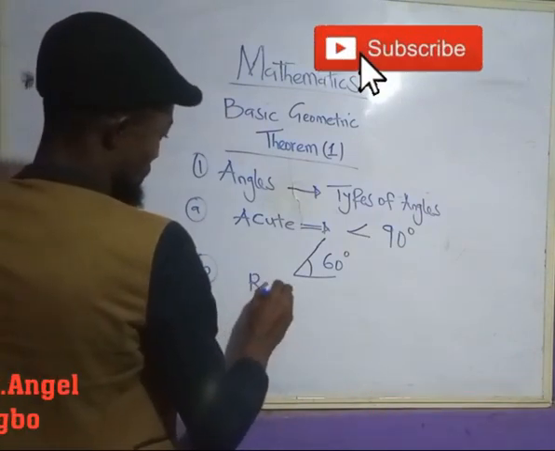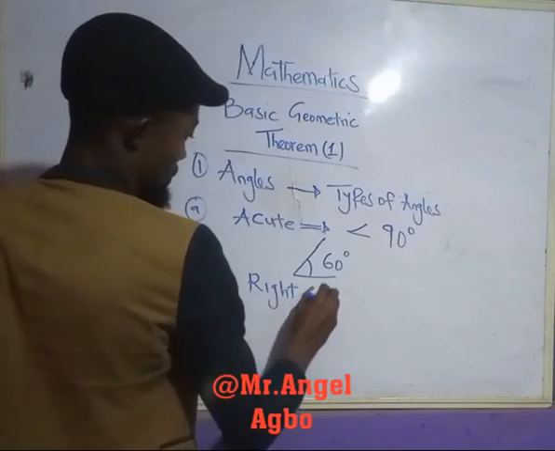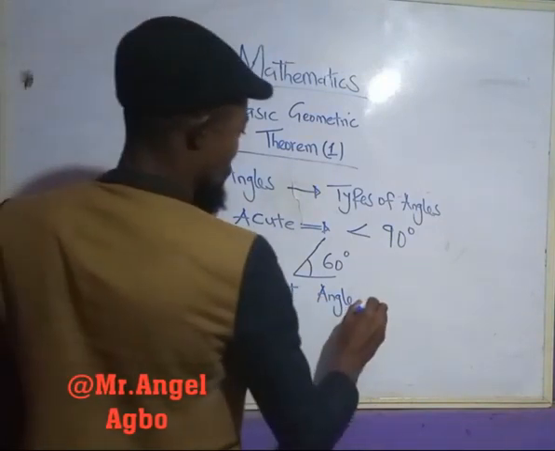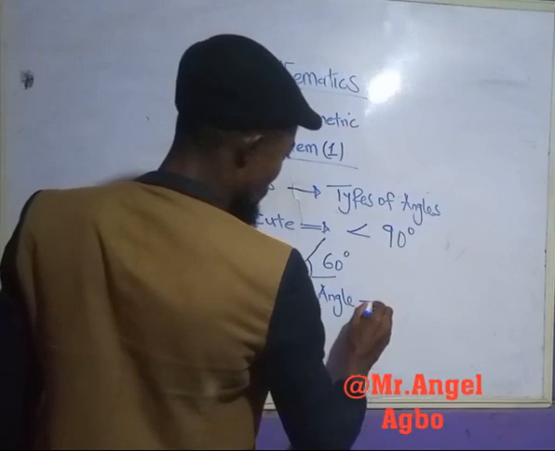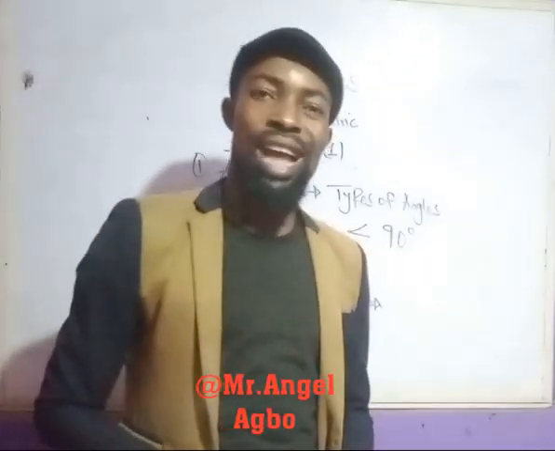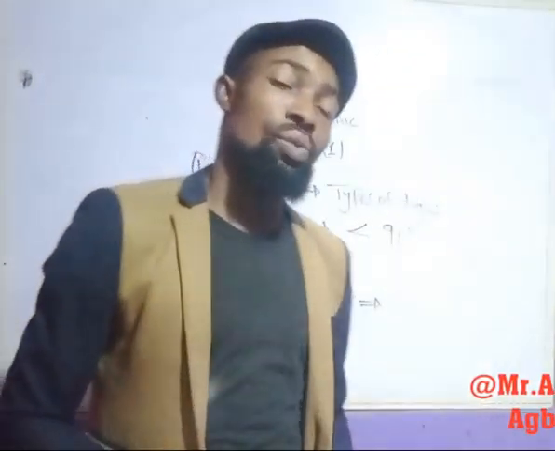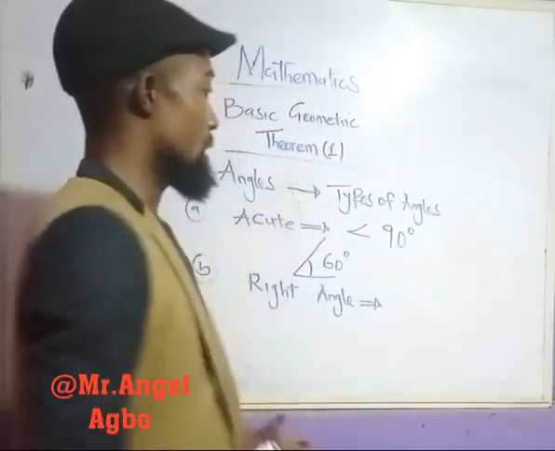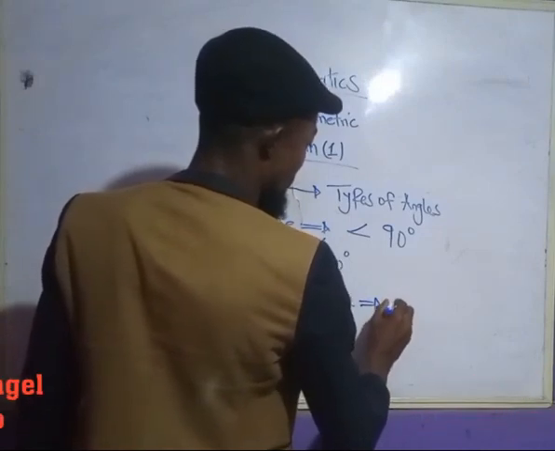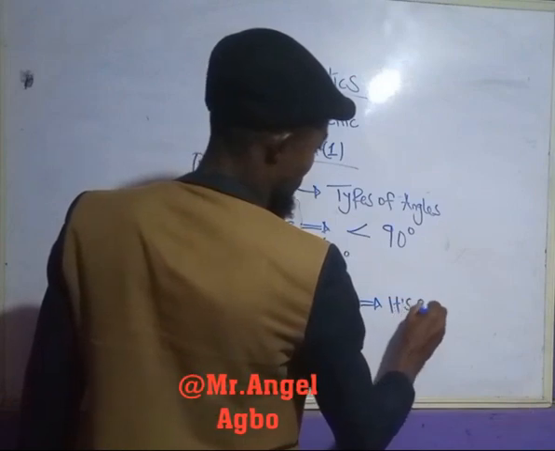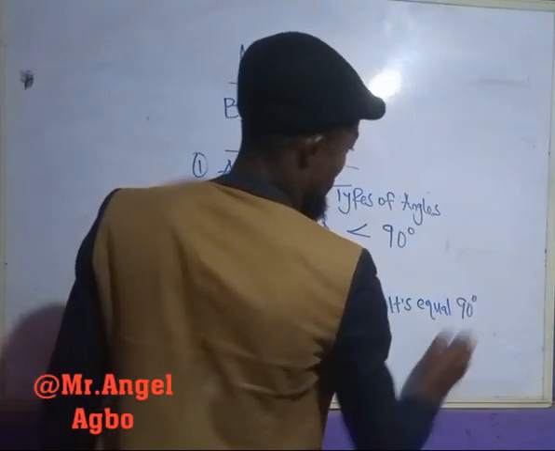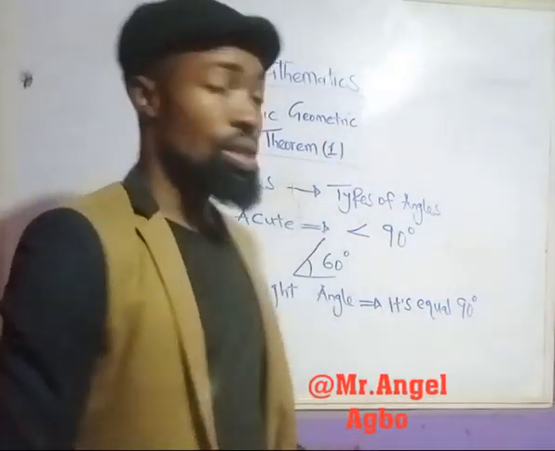So we have another type: the right angle. A right angle is an angle that is equal to exactly 90 degrees.